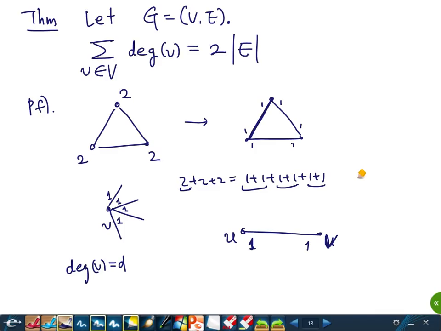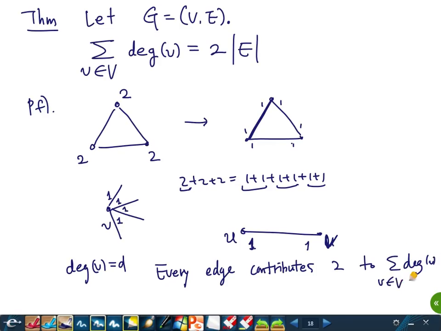So the basic idea is every edge contributes 2 to the sum. Like this edge contributed 2.